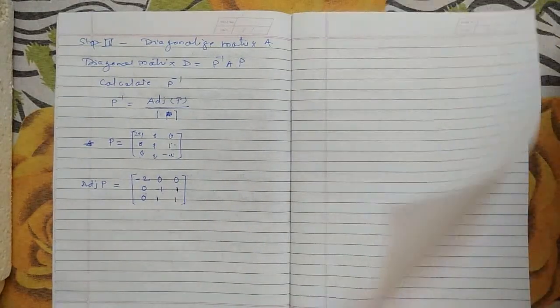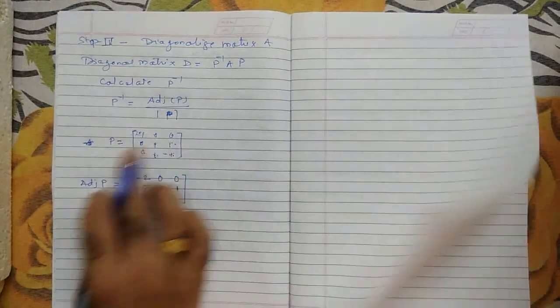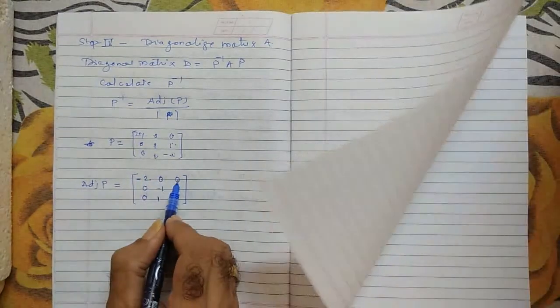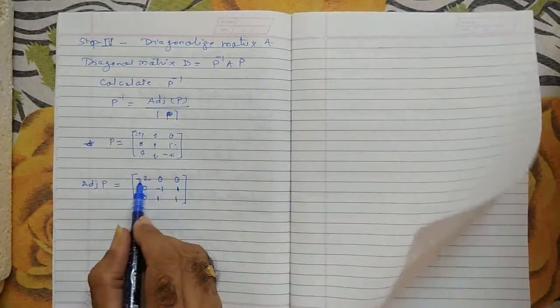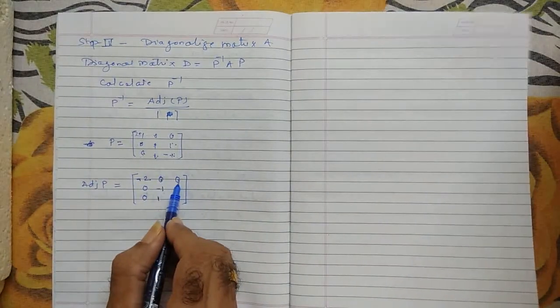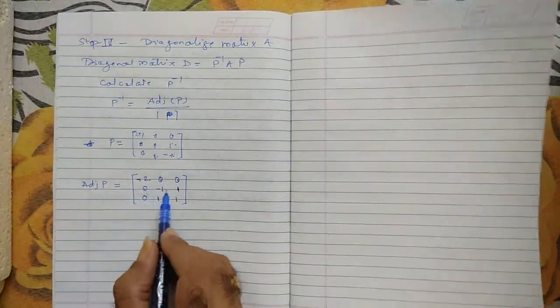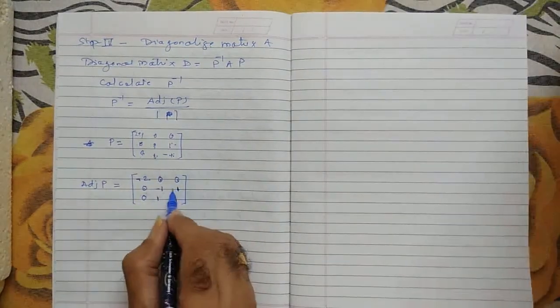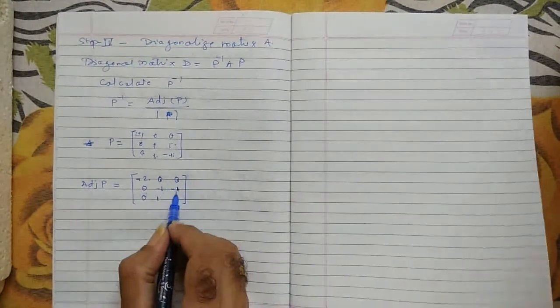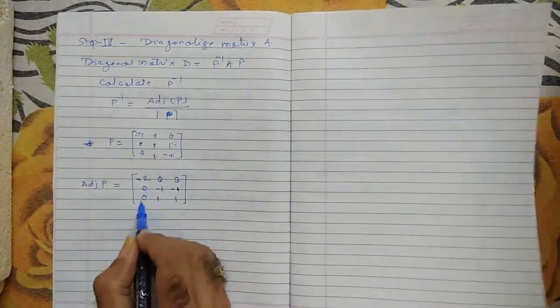Now we have to change the signs. Here is the positive, here is the negative, here is the positive. This is negative, this is positive, this is negative, this is positive. Now here is the negative, here is the positive, here is the negative, so we will put here minus. Now this is negative, so this becomes positive.